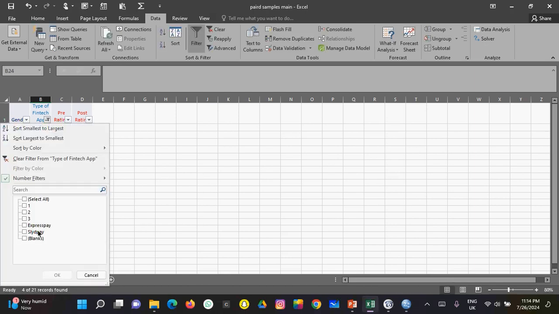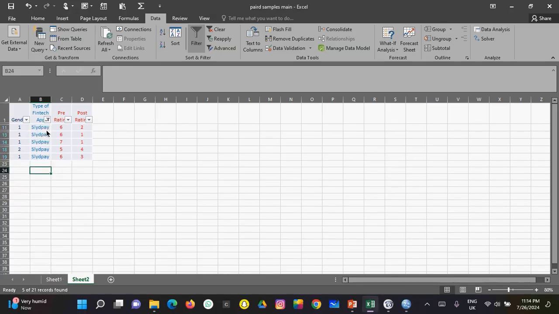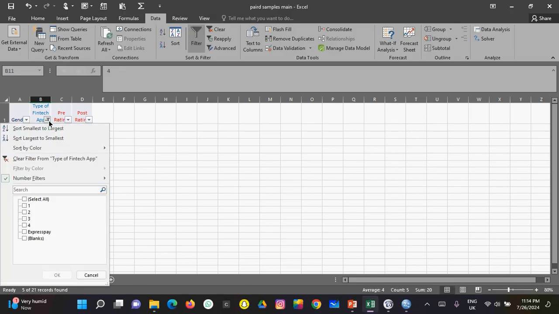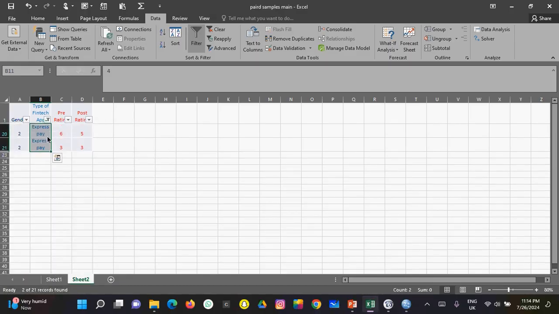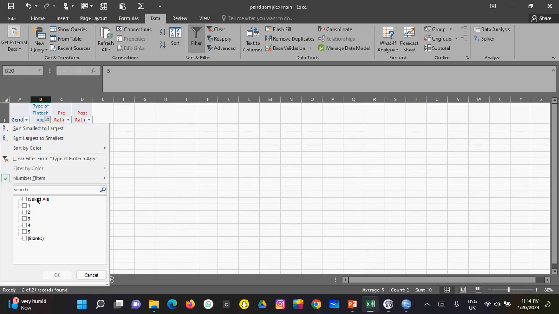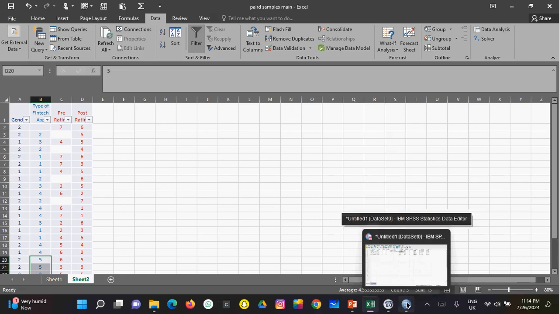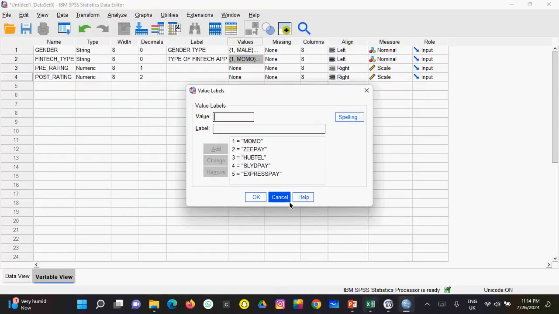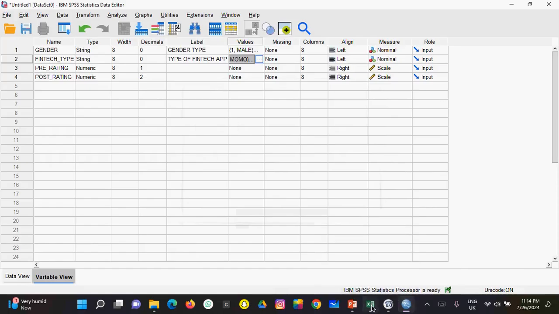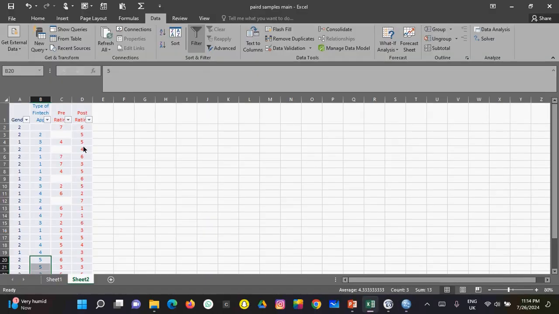Then 4 is Slide P, then 5 is Express P. All right, let's select everything. It's 5 Express P. Okay, that's correct. So now we will export our data.